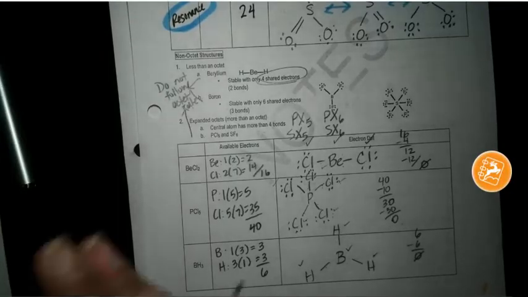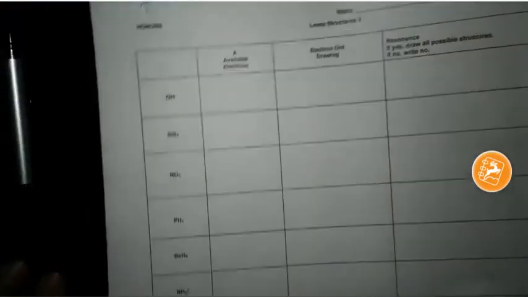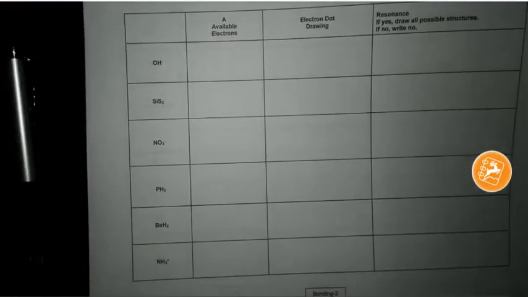So in the homework, which is two-sided, I'm going to tell you the number of exceptions.